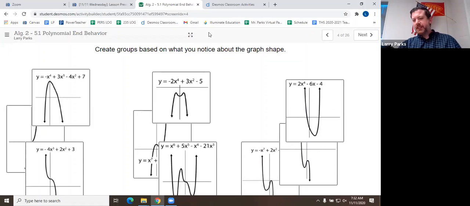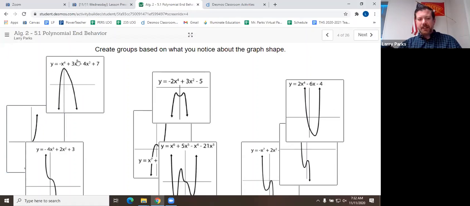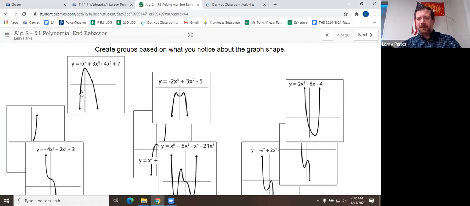One thing that's interesting is that notice this is of even degree. Anytime you have even degree, we have something called end behavior. And end behavior is how they look on the left and on the right.